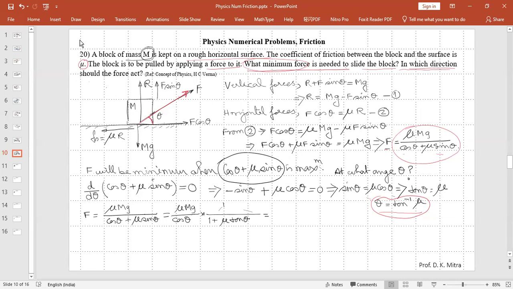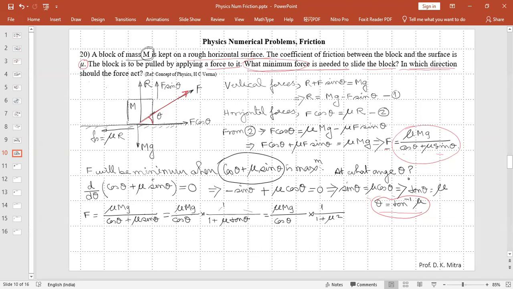This is equal to mu mg divided by cos theta times 1 plus mu tan theta, and tan theta is equal to mu. So this is 1 plus mu square, right?